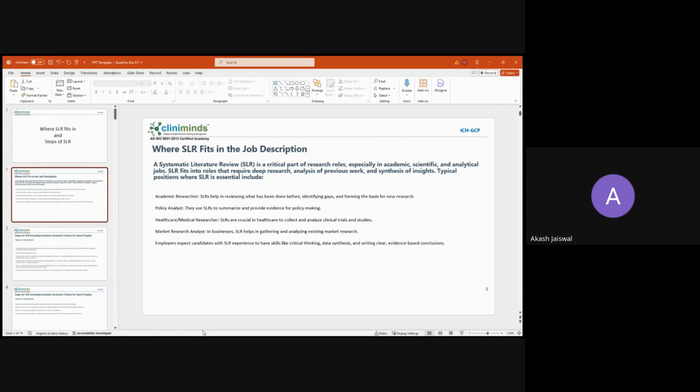Then policy analyst, who uses SLRs to summarize and provide evidence for policy making. Healthcare or medical researcher, where SLRs are crucial to collect and analyze clinical trials and studies. Market research analyst, where SLR helps in gathering and analyzing existing market research. Employers expect candidates with SLR experience to have skills like critical thinking, data synthesis, and writing clear evidence-based conclusions.